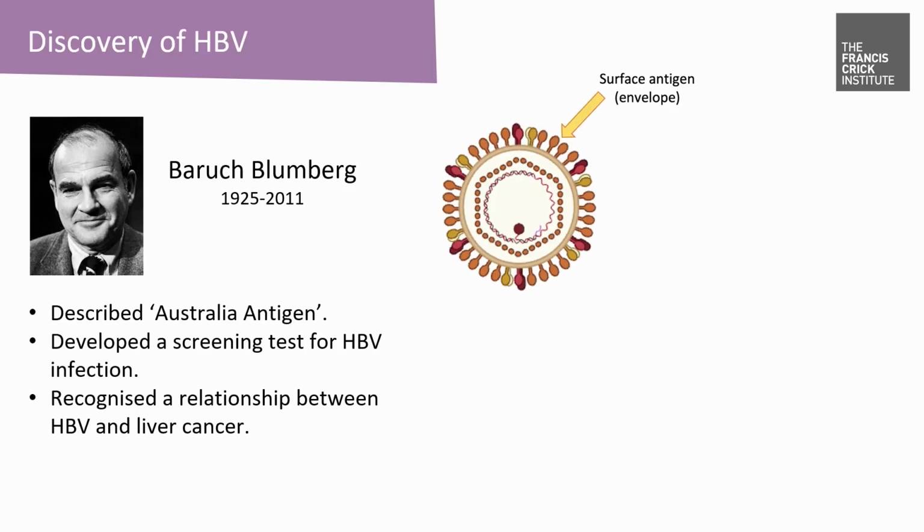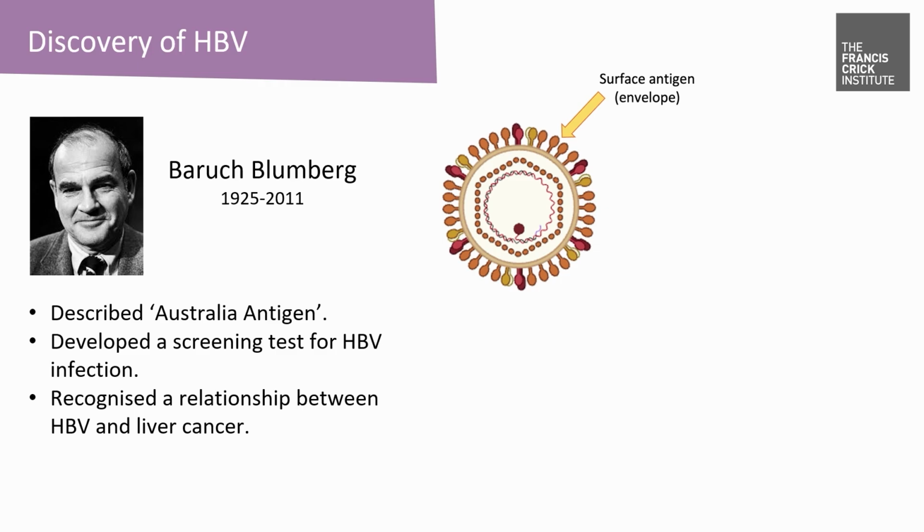Of course, these beautiful people had no idea that what was causing their liver disease was hepatitis B. And in fact, the discovery's only been made in the last 50 years. And it was really led by this man, Baruch Blumberg, who described what he called Australia antigen, studying populations in Australia. And what he'd actually detected in their blood was the hepatitis B surface antigen.